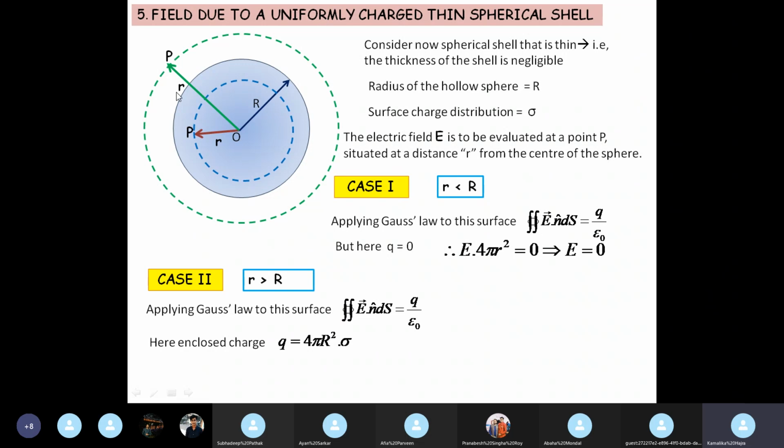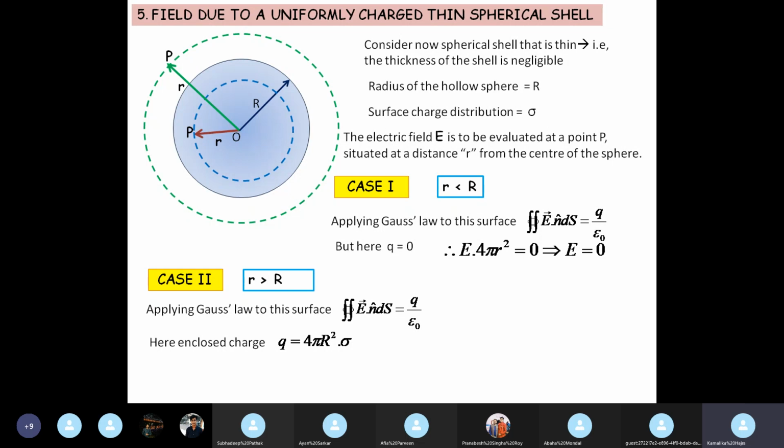Now what is the enclosed charge? It is the total charge on this spherical surface. So Q is 4 pi capital R squared, the surface area of this sphere, multiplied by sigma, the surface charge distribution. So this is the total enclosed charge.